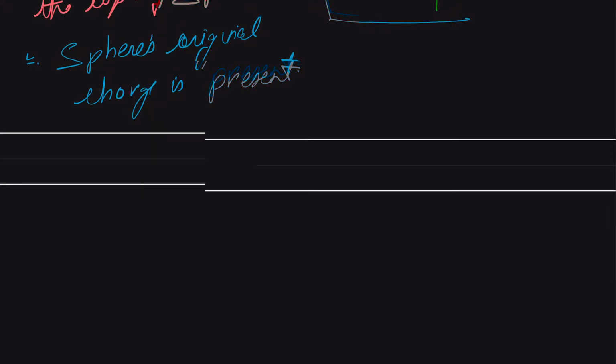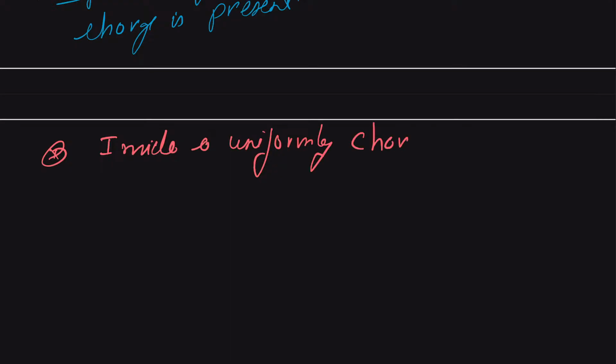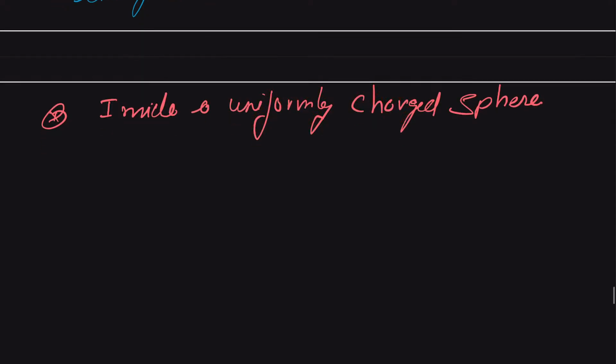Okay, we can just directly write the formula for that. We can say that inside a uniformly charged sphere, and please remember that the charged sphere has a radius of capital R.